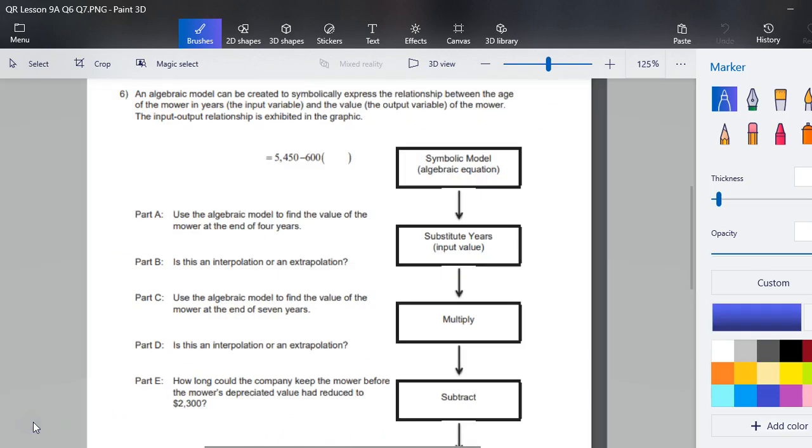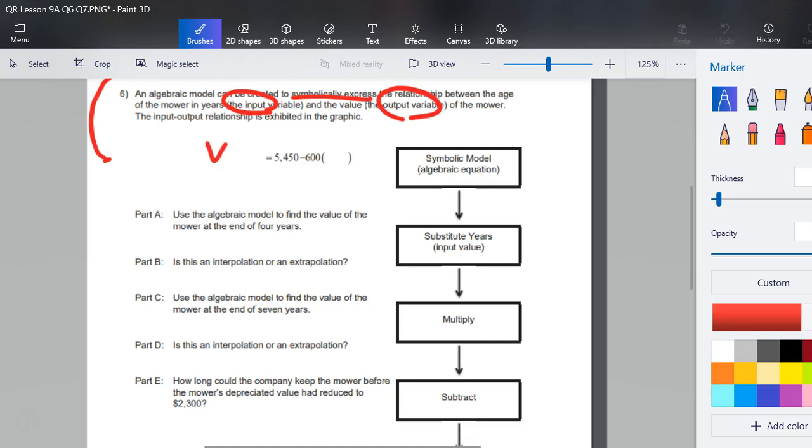One of the really cool things about math is that we can display our information in a myriad of ways. Question 6 says, an algebraic model. We may be able to display it, but I'm not able to write it. Here we go. Question 6 says an algebraic model can be created to symbolically express the relationship between the age of the mower in years, which is the input, and the value, which is the output.